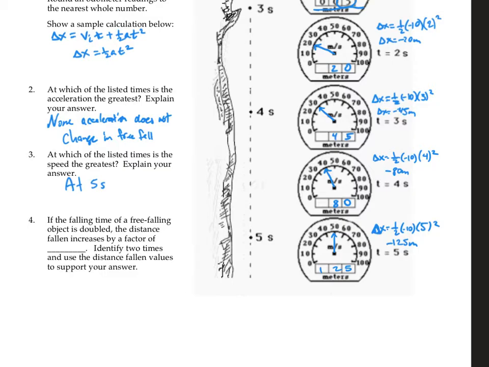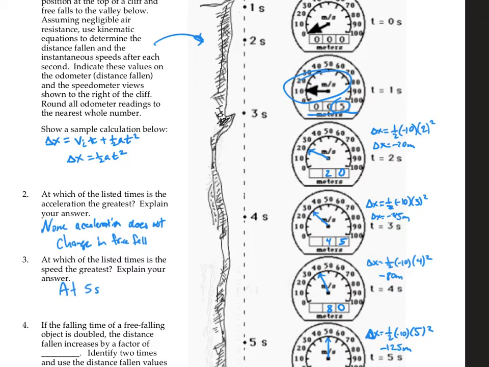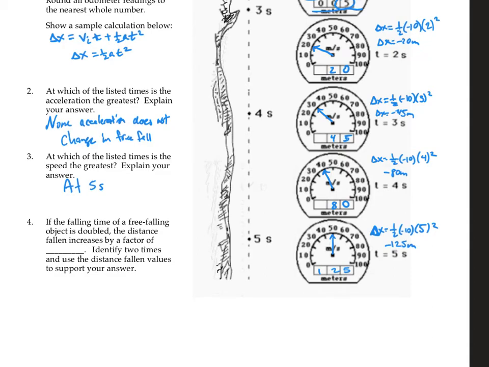If the falling time of a free-falling object is doubled, the distance fallen increases by a factor of what? Identify 2 times and use the distance fallen values to support your answer. So let's just look at 1 and 2 seconds.